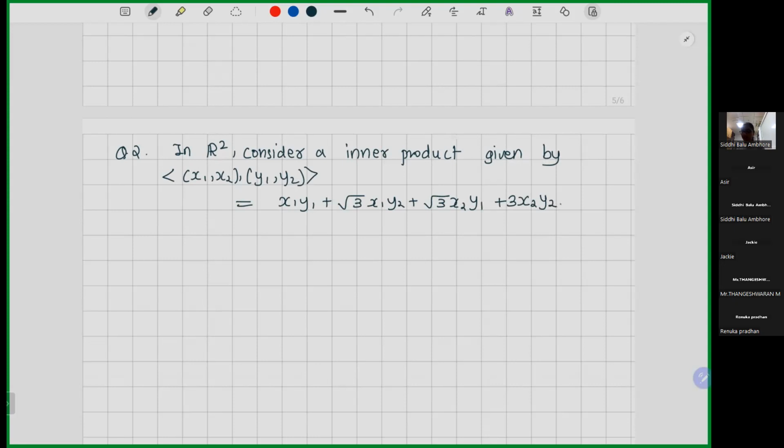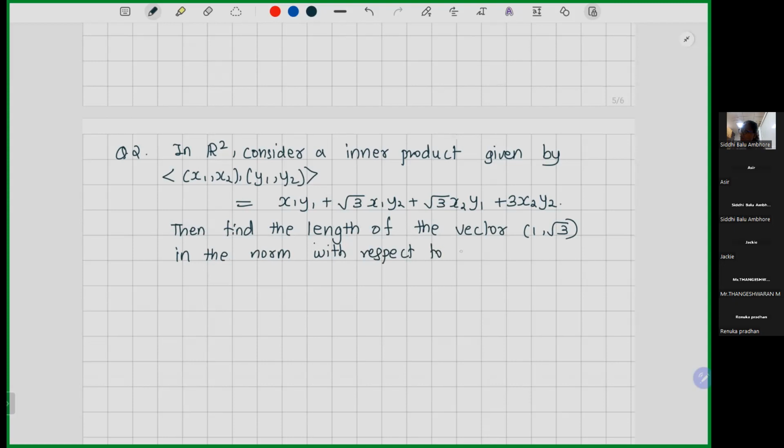Then find the length of the vector (1, root 3) in the norm with respect to this inner product.